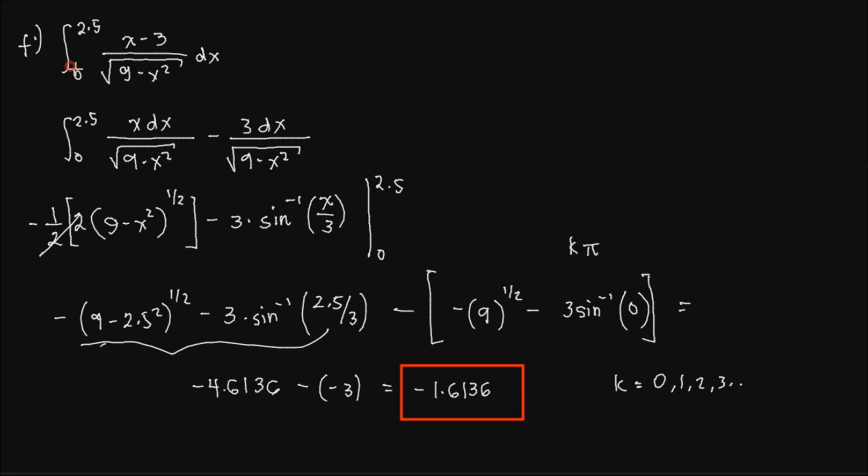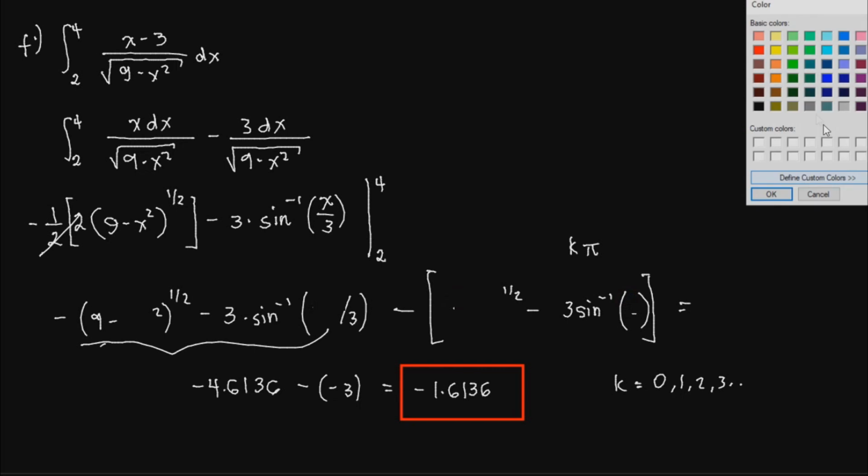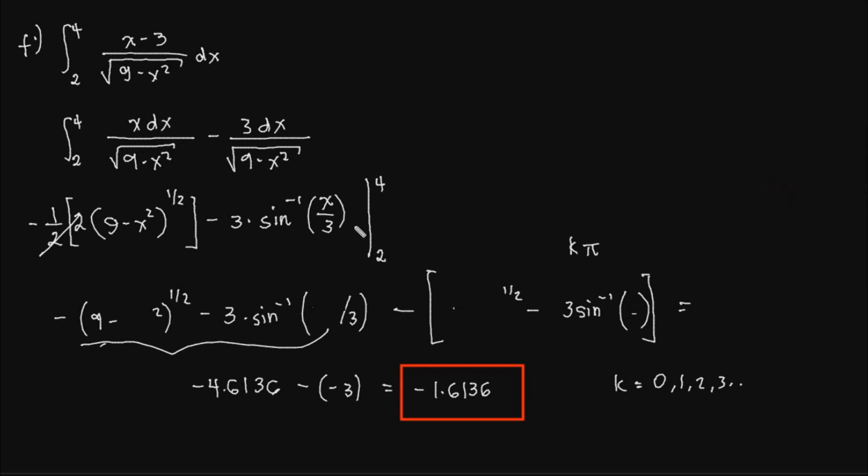So, I have 2, and then this one becomes 4. Okay. So, basically, ang mababago lang dito is yung ating mga limits, no? Pero the method of integration, the process, would just be the same.